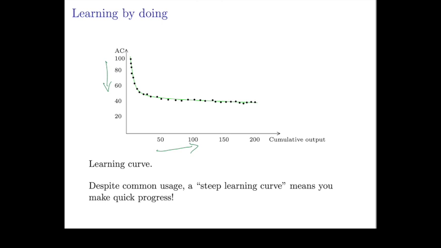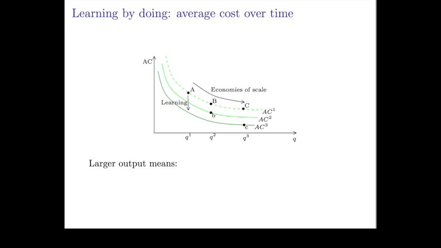So how does this affect your cost curve? Well, let's look at this example. Let's say you start with this average cost curve here, and you're producing this amount Q1, and so your average cost is given by this point A, capital A, on your average cost curve.